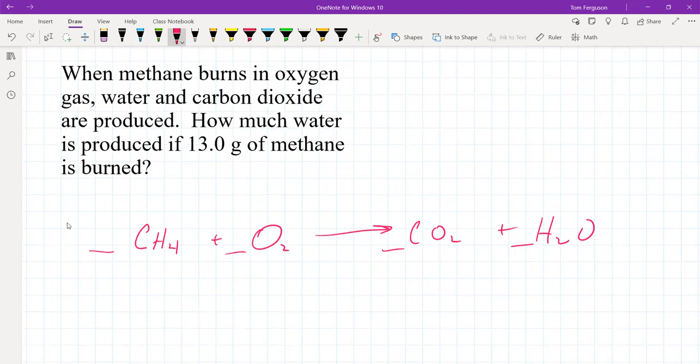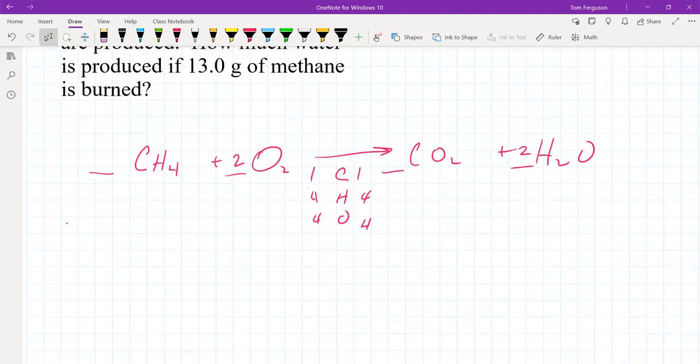So step 1 is balance the equation. Is this balanced? No. And we balance it really fast. Okay, so it's balanced.